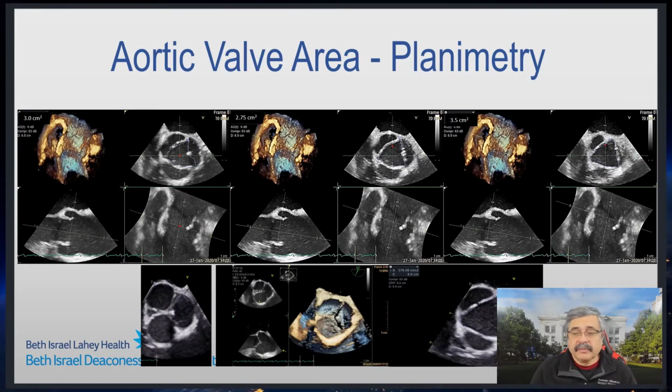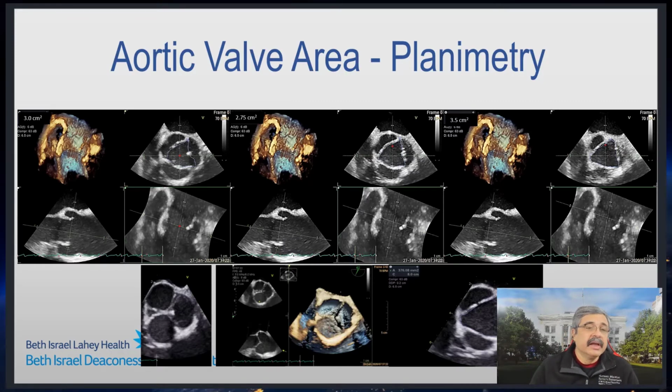Now, the use of three-dimensional echocardiography has improved the delineation of the edges and the placement of the calipers and the planimetered tracing at the identified edges, but it does not entirely eliminate the possibility of an error, particularly in valves that are heavily calcified and fibrosed.